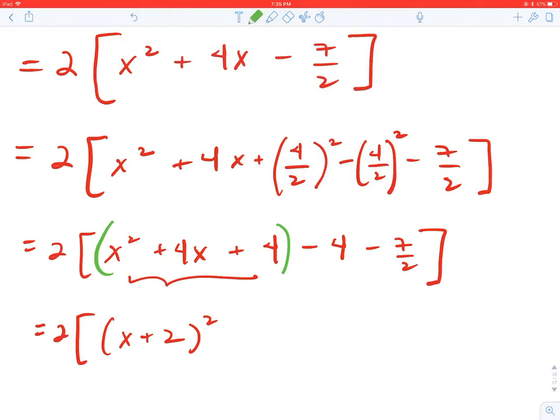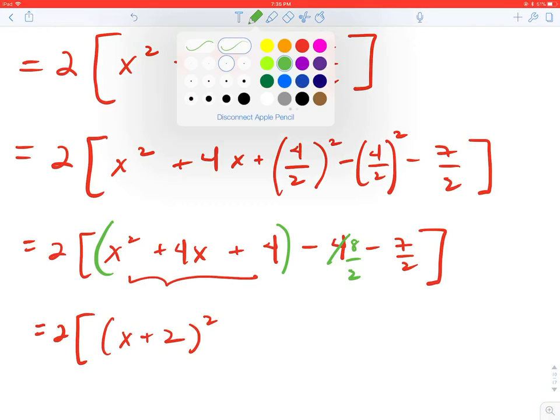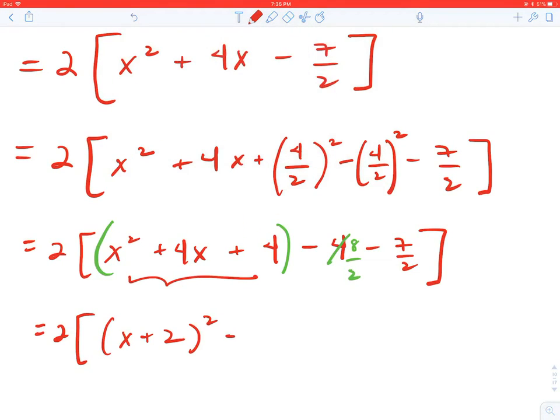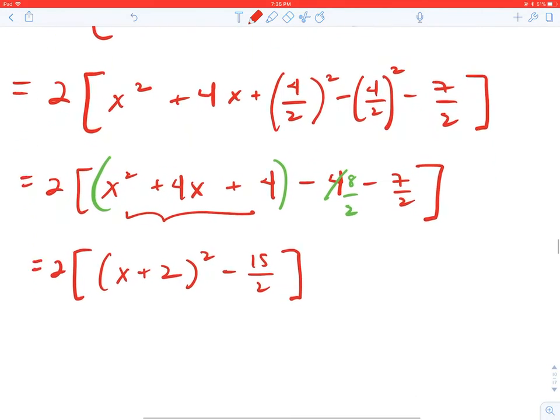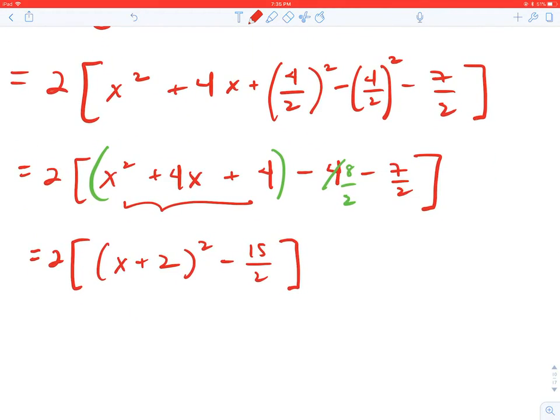If we want to think about getting a common denominator here, we could rewrite this 4 minus 4 as minus 8 halves. So negative 8 halves minus 7 halves will be minus 15 halves. And then our last step is to distribute the 2 back in.